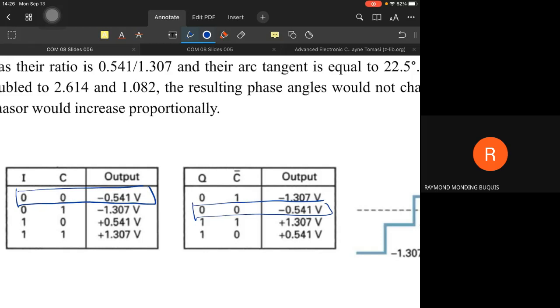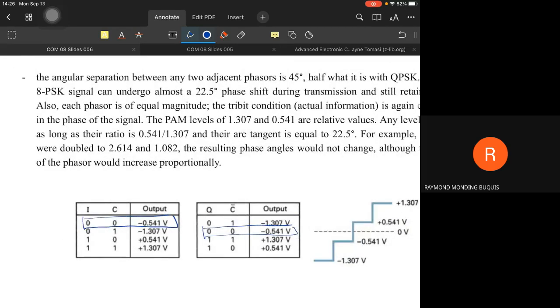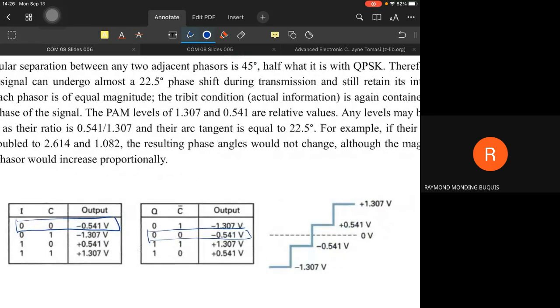So we have 4 voltage levels. That's why it is 2 to 4, because we have 2 inputs and 4 possible outputs. So it is a 2 to 4 voltage converter.